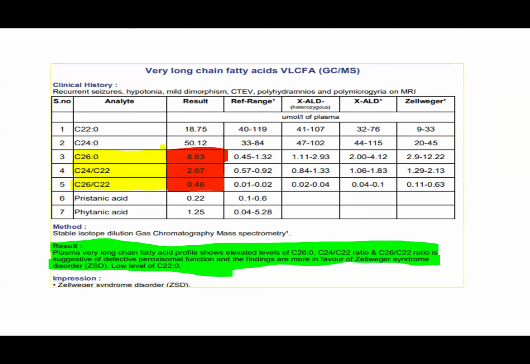In peroxisomal disorders also there are many types. Commonly seen is Zellweger syndrome, but with this report we cannot conclude whether it is Zellweger syndrome. So we are left with the diagnosis that this entire thing which is causing seizures in the baby is a peroxisomal disorder. Next.